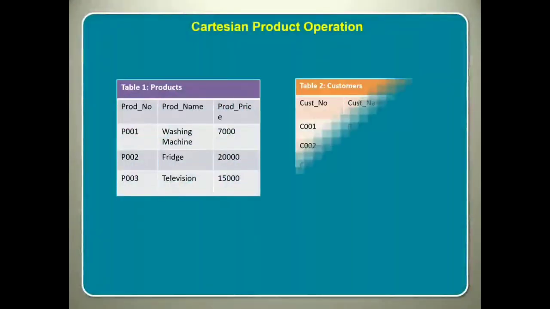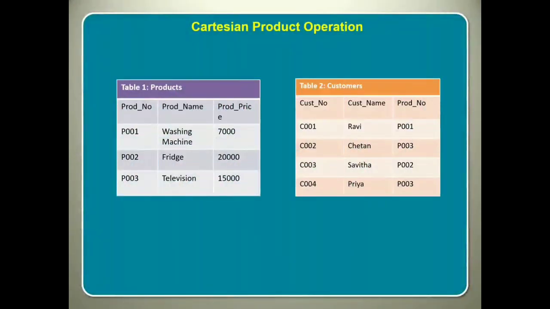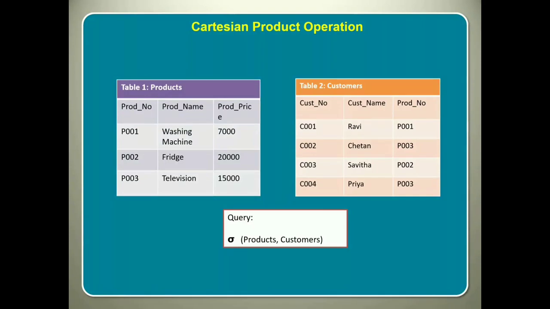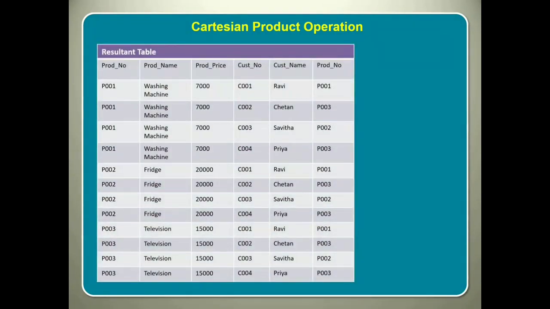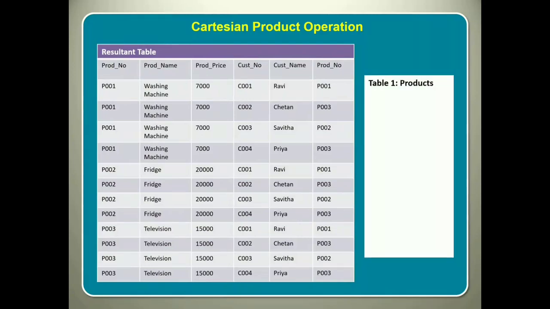Here is an example. Consider two tables, products and customers. Query is shown on the screen. Resultant table looks like this. Table 1, products. Number of rows, cardinality, is equal to 3. Number of columns, degree, is equal to 3. Table 2, customers.